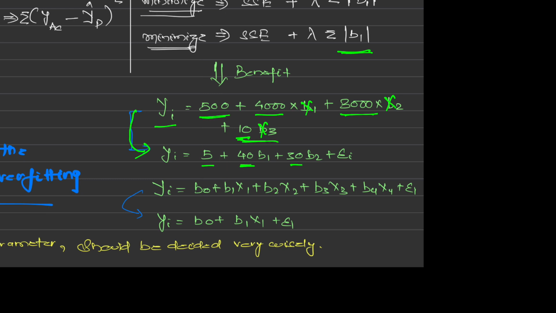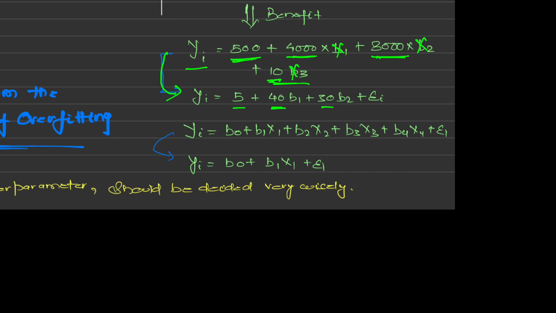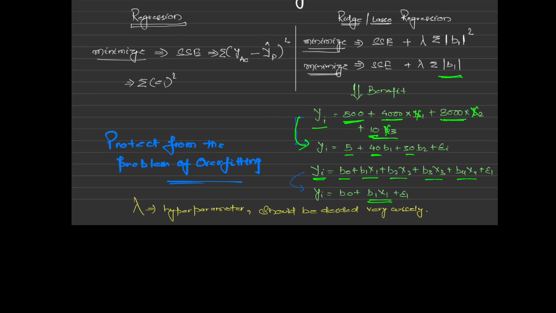You can see that the coefficients got reduced by a multiple of 100. What else can happen? If your model is y equal to b naught plus b1 x1 plus b2 x2 plus b3 x3 plus b4 x4, it will drop the x3 and x4 terms, and the model will have at the end only x1 as a variable.